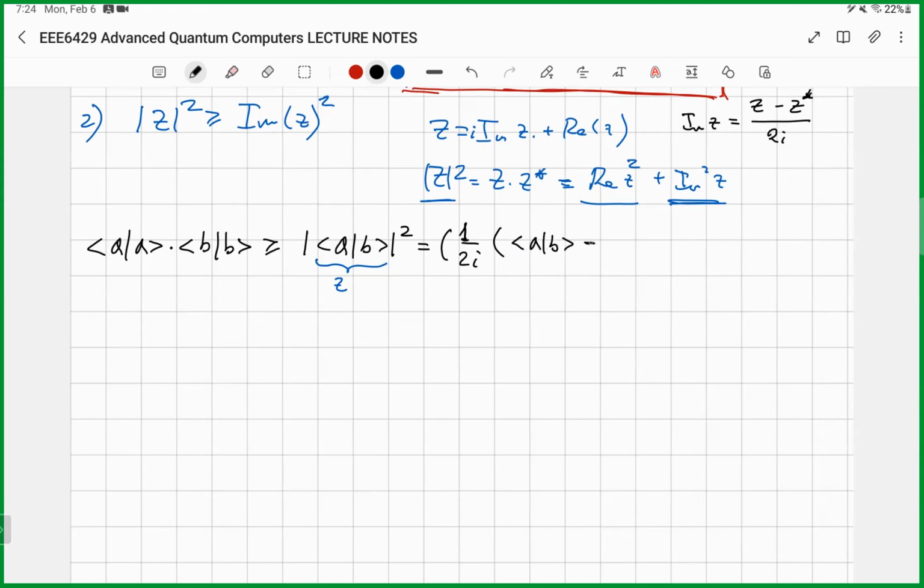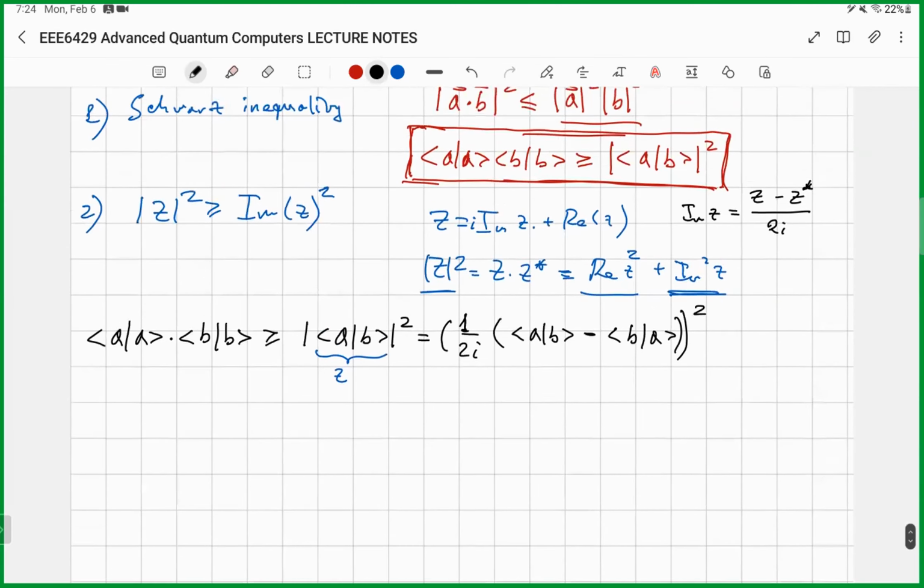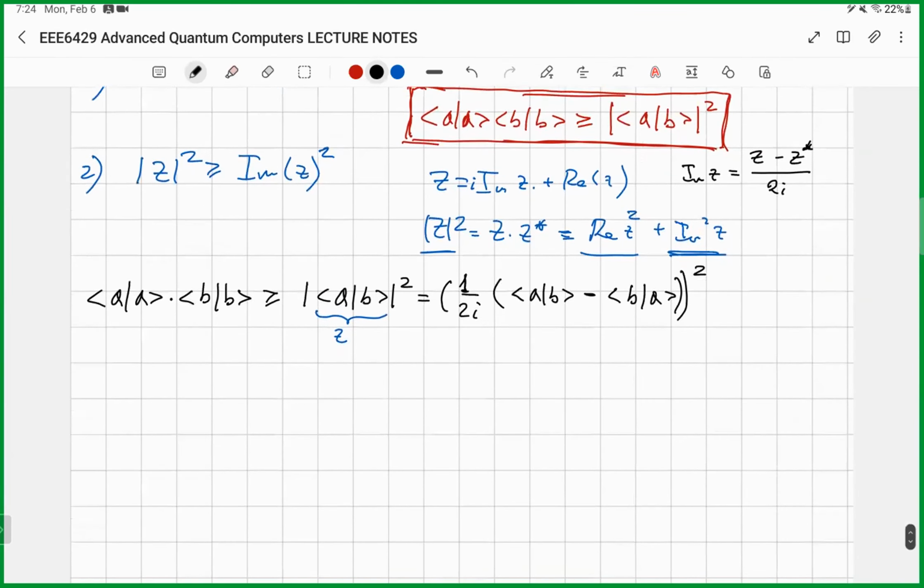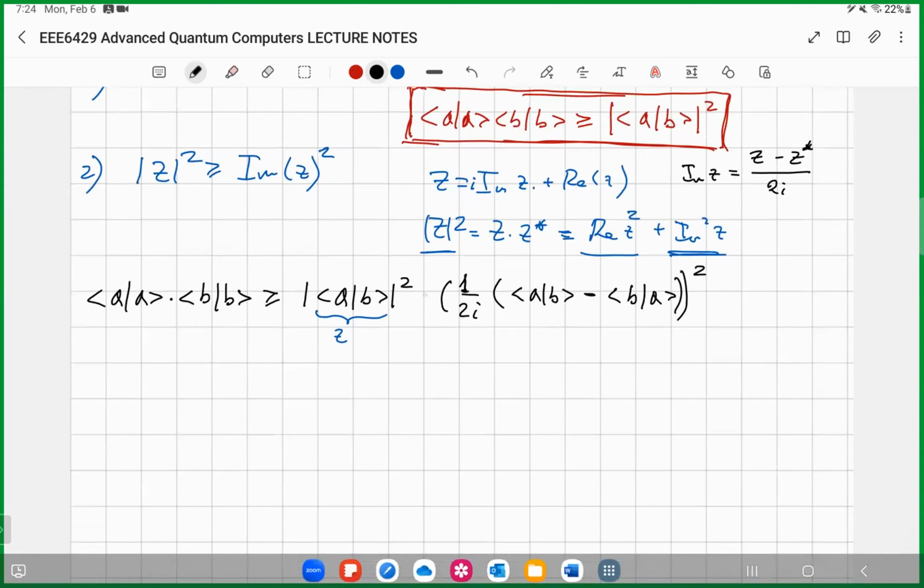And then minus the number complex conjugated, which is BA. And this is squared. So this of course must be larger than, right?